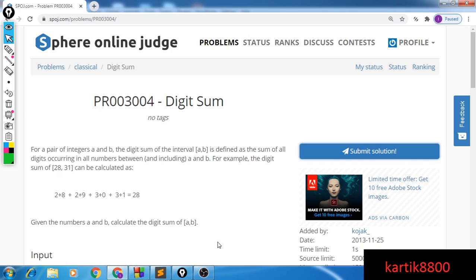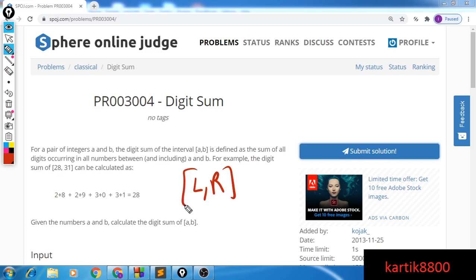Digit sum. You should read the problem and then we'll discuss the solution. The problem says that there are two integers a, b. I would call them L and R. I like L and R more.